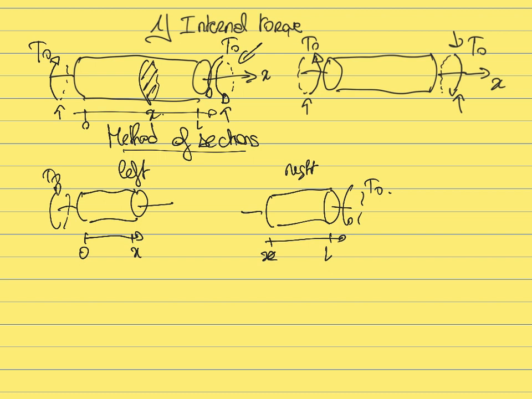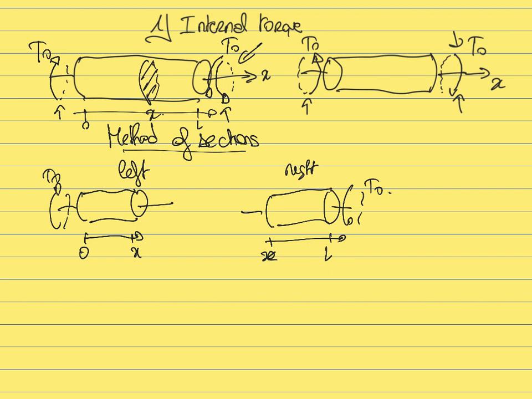We know, due to the principle of action-reaction, that the torque applied by the left to the right is the same but with opposite sign to the torque applied by the right to the left. So here we need to define a sign convention to define what is a positive torque and a negative torque, so that we have a consistent definition for the torque.